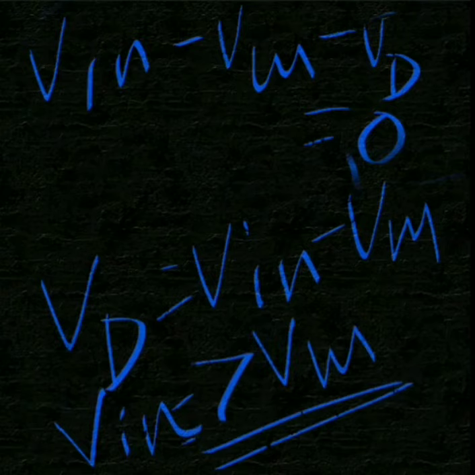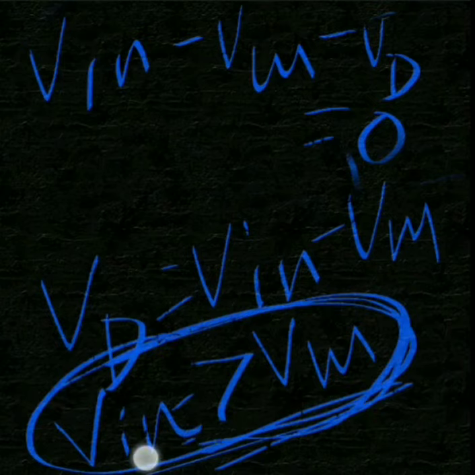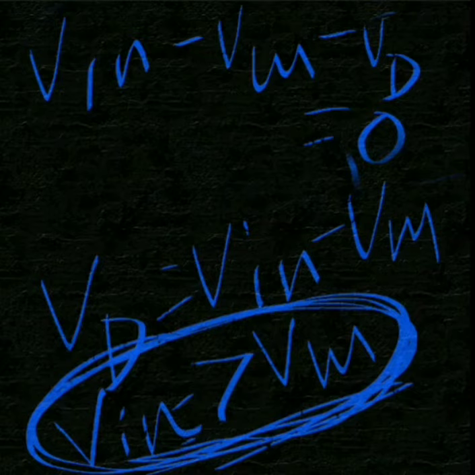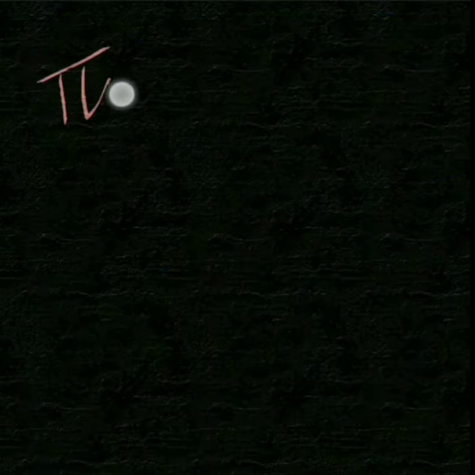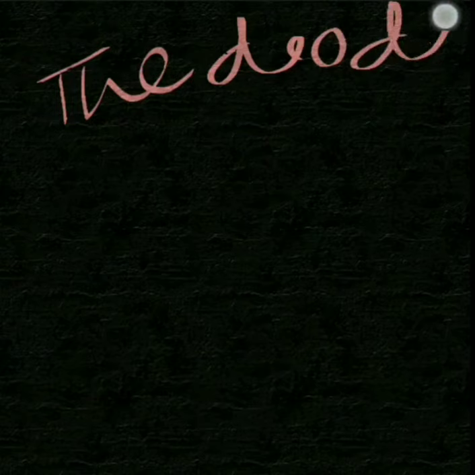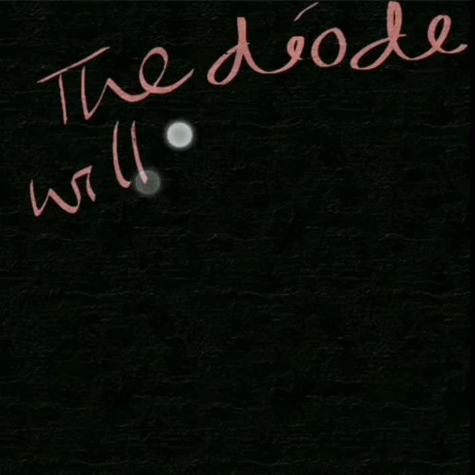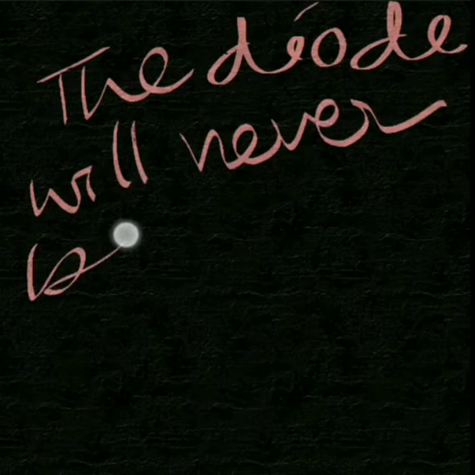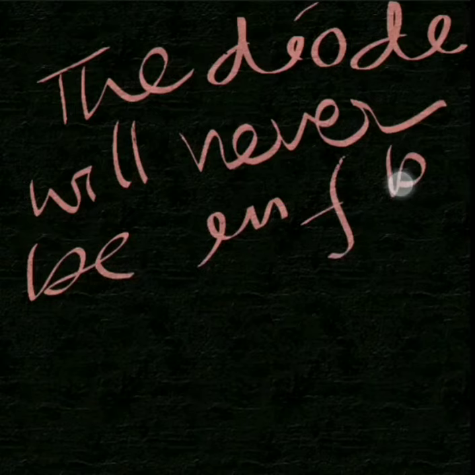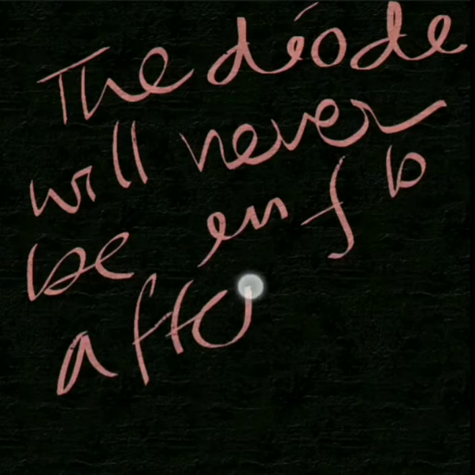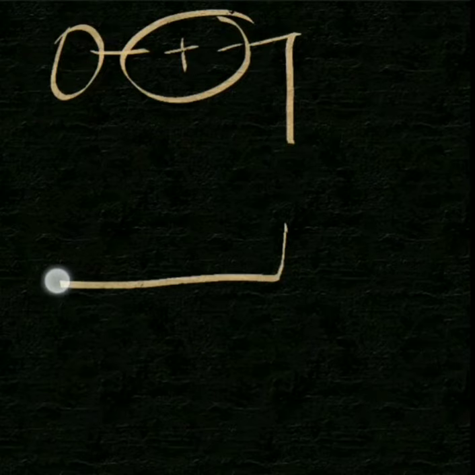Now again, the maximum value of Vin is Vm, so it can't be greater than Vm, and since this is the condition for the diode to be in forward bias and it doesn't hold, the diode will never be in forward bias after T/4. The equivalent circuit will be this.